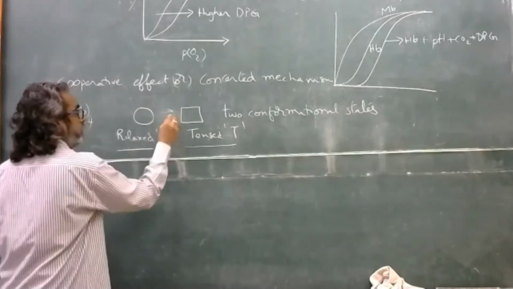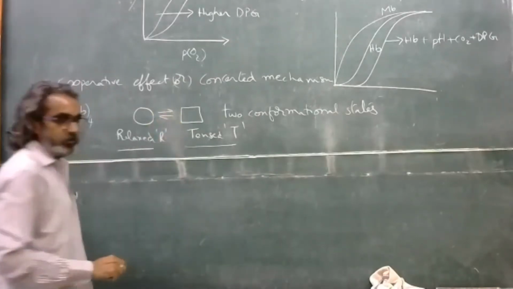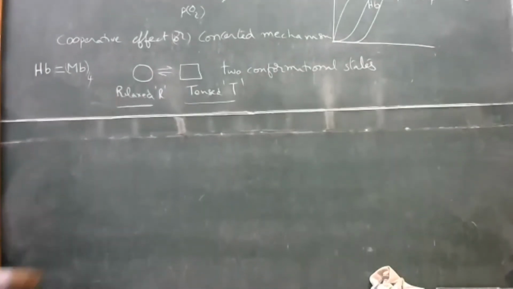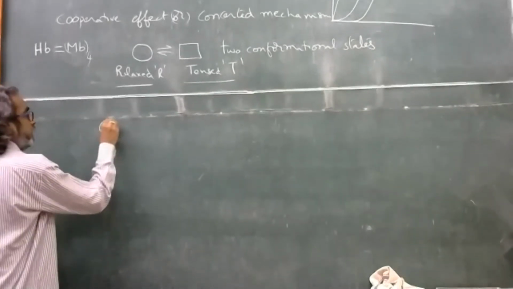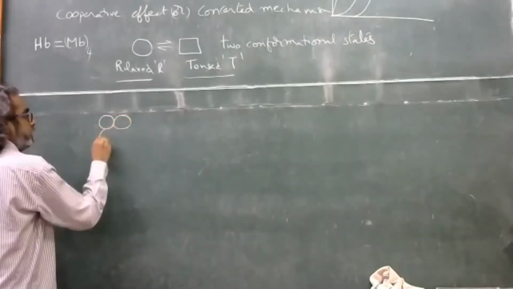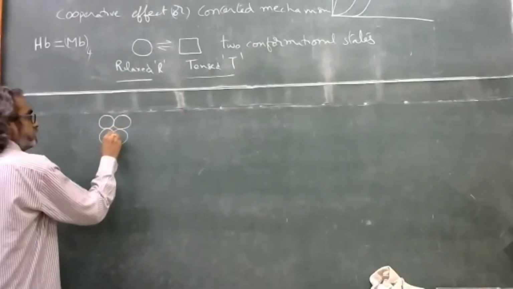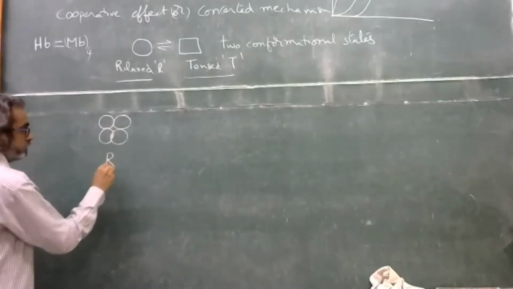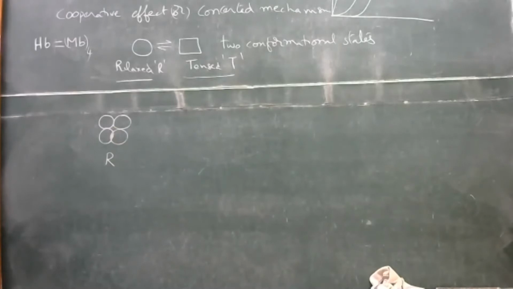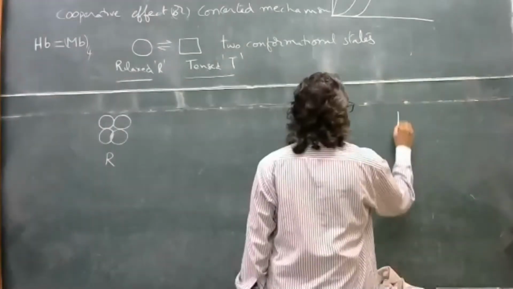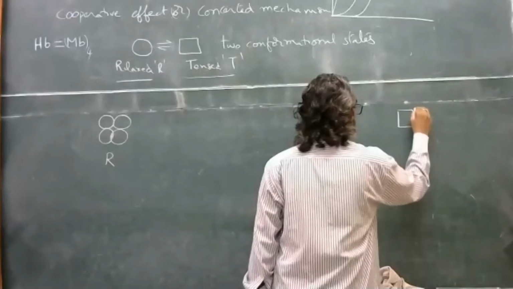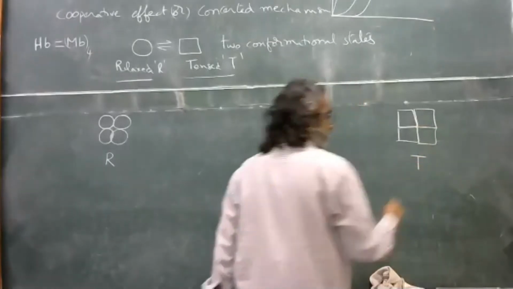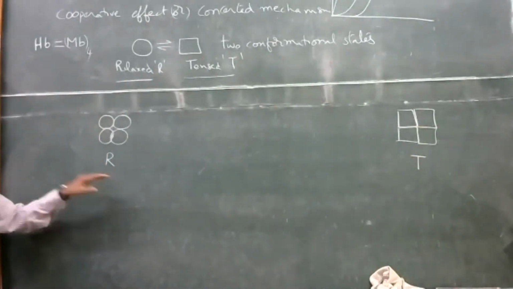Okay, as individual units. But there are 4 units in hemoglobin. So now you can write these 4 units like this, where all 4 units are relaxed, R, or all these 4 units are in this conformation as T. Okay, so you have 2 conformations.